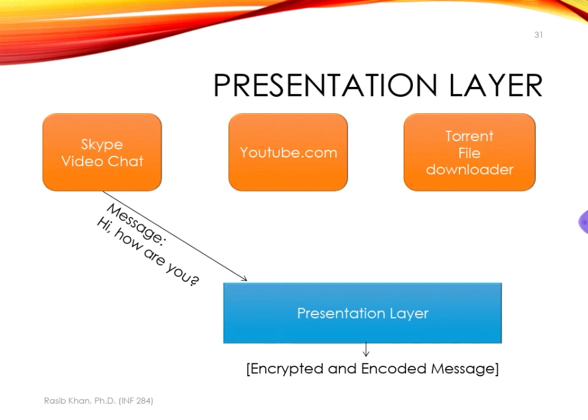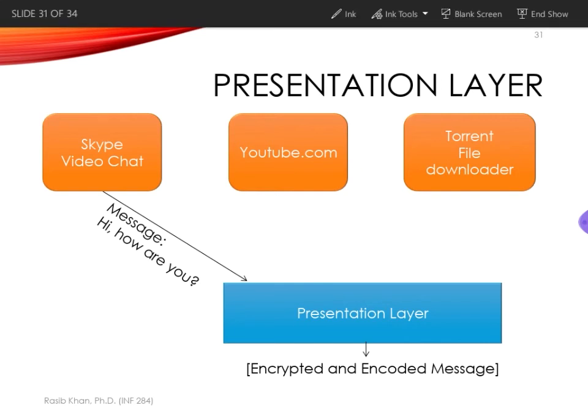And again, it's a part of the application layer in the TCP/IP model. This layer encrypts and encodes the data that is being generated from Skype before it is sent on to the network stack in the transport layer.